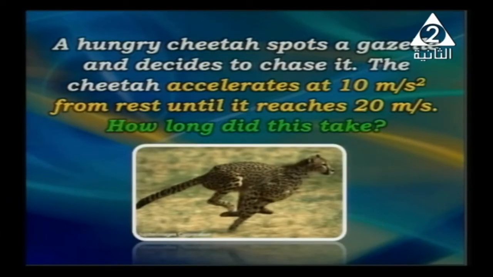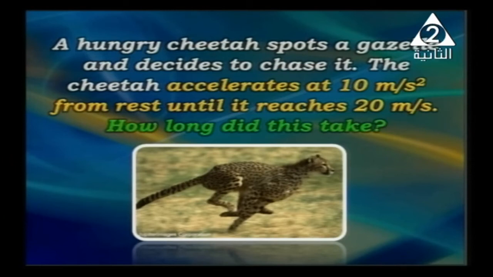So we have another example. A hungry cheetah spots a gazelle. So we have this deer like this, and the cheetah decided to chase it. The cheetah accelerates, means increases its speed to catch the gazelle, and accelerates at 10 meters per second squared.